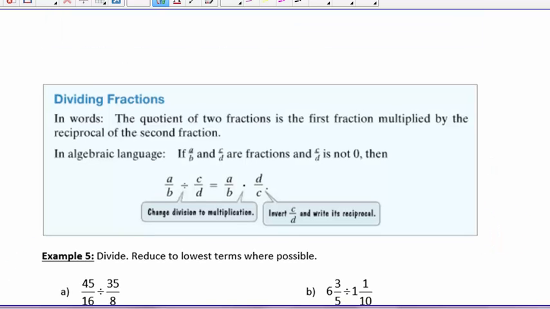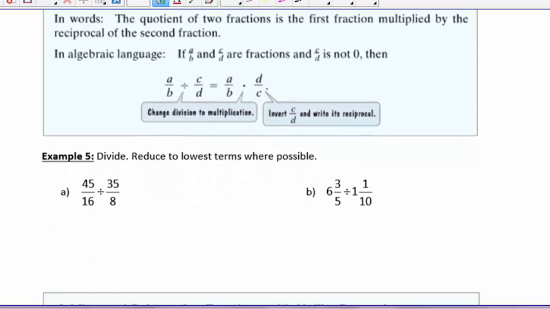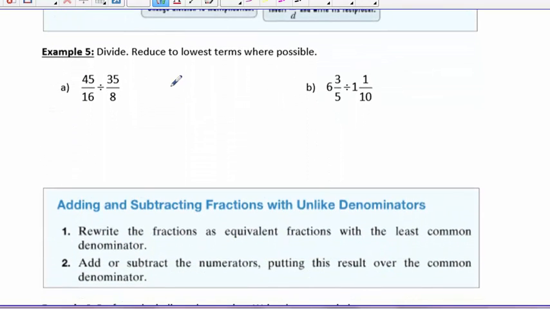Next is division. We know that to divide two fractions, we're going to flip the fractions and multiply. So my two fractions right here will become 45/16. If I'm dividing by 35/8, that's the same as multiplying by 8/35. Now follow the rules for multiplication. 45 and 35 can both be divided by 5.